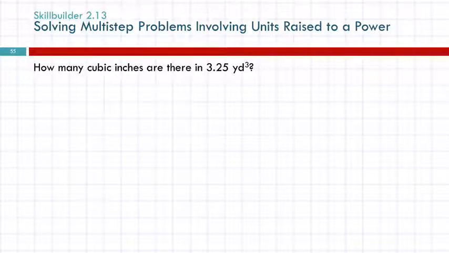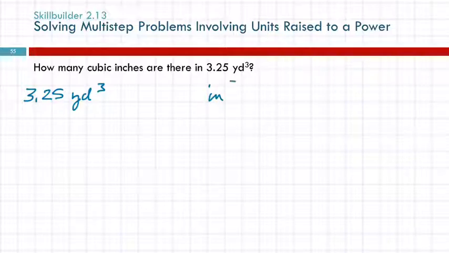How many cubic inches are there in 3.25 cubic yards? Well, they gave us one number, so let's write it down. 3.25 cubic yards. And they're asking us for cubic inches. If you look in a table of units, you're not going to see necessarily cubic yards to cubic inches.